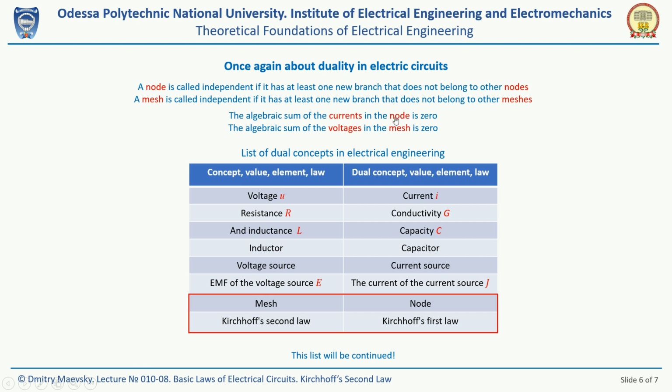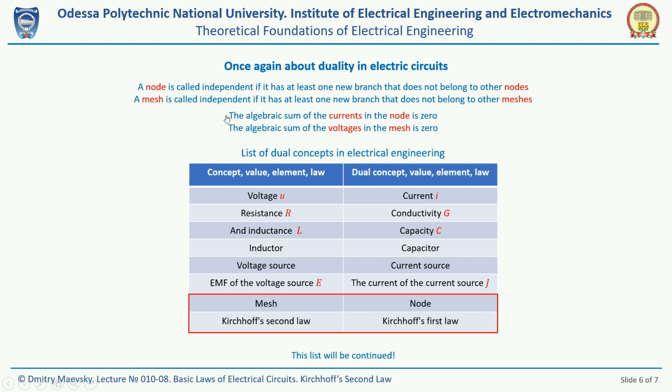We know that node and mesh are a dual concept, and so we can conclude that currents and voltages are dual concepts too.